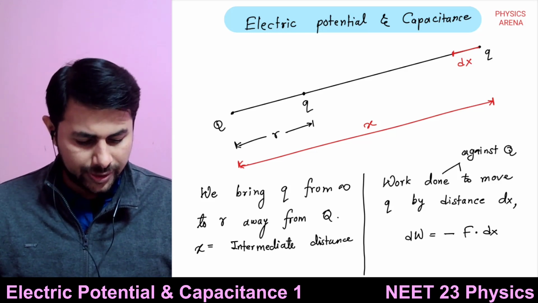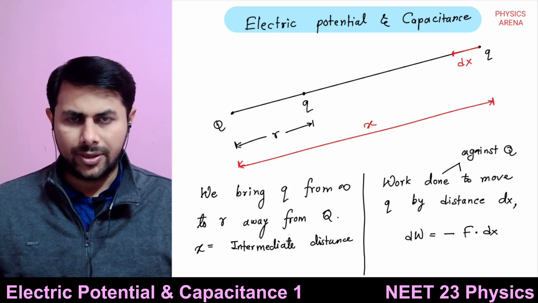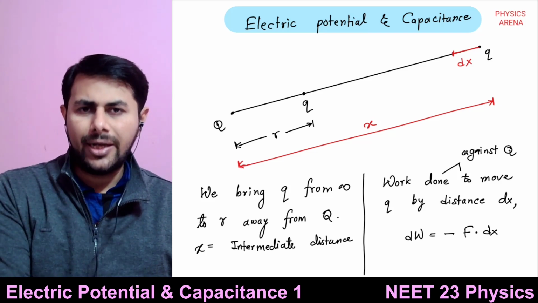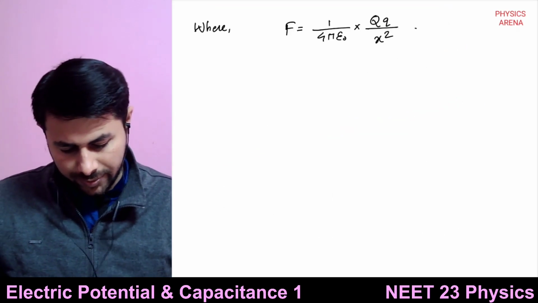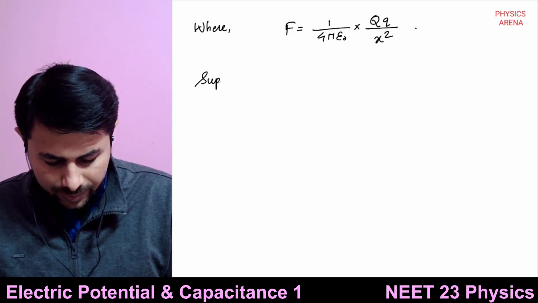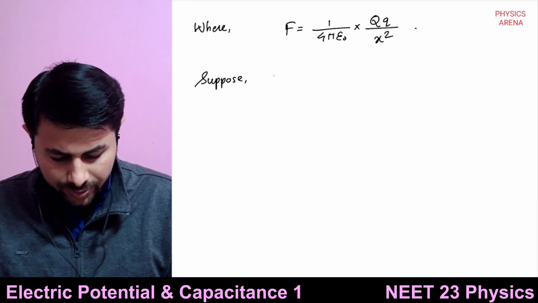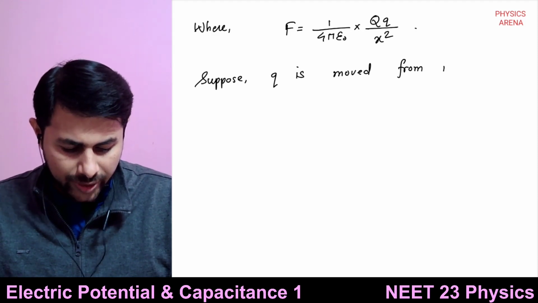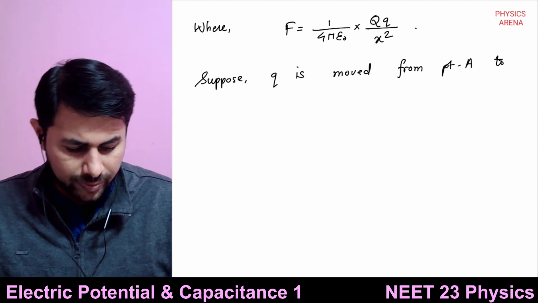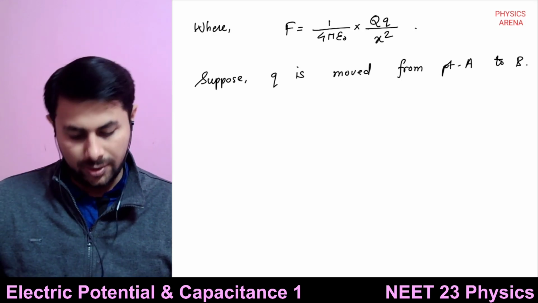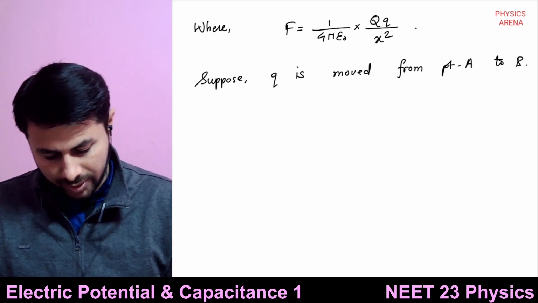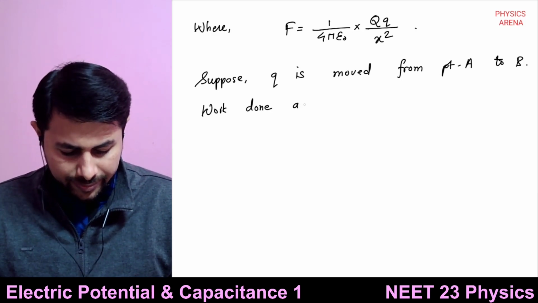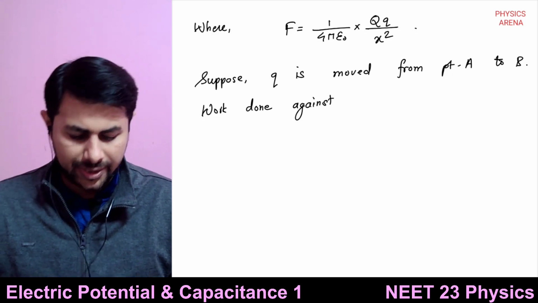Now suppose it is initially at infinity. Suppose it is initially at some point A and we move it from point A to point B. So suppose small q is moved from point A to point B. Then how much would be the work done in doing so against the electric field due to capital Q?